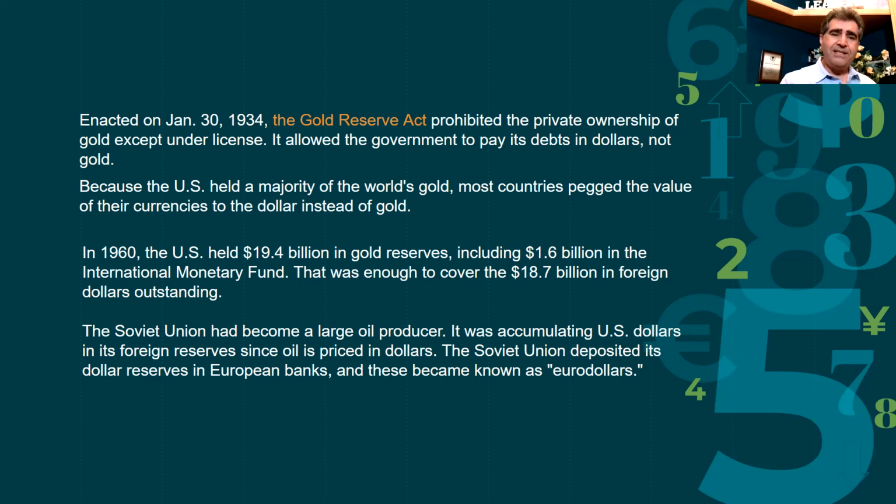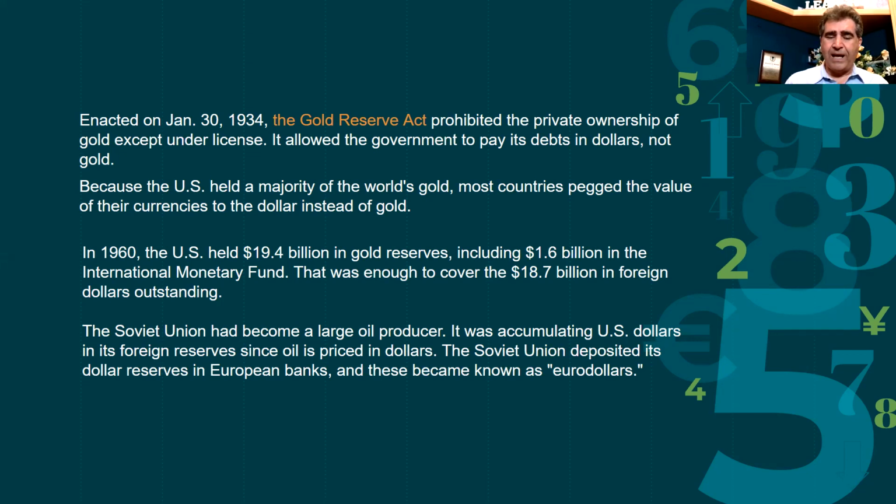Now, in 1960, the US actually held $19.4 billion in gold reserves, including $1.6 billion in the International Monetary Fund, which is the IMF, which we will discuss when we talk about Bretton Woods. And that was enough to cover the 18.7 billion in foreign dollars outstanding.